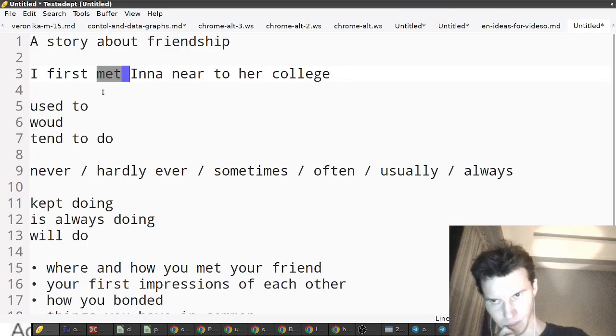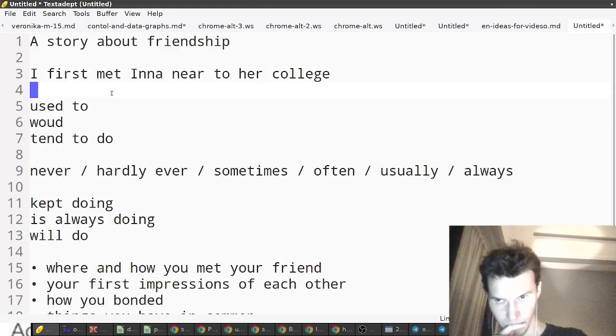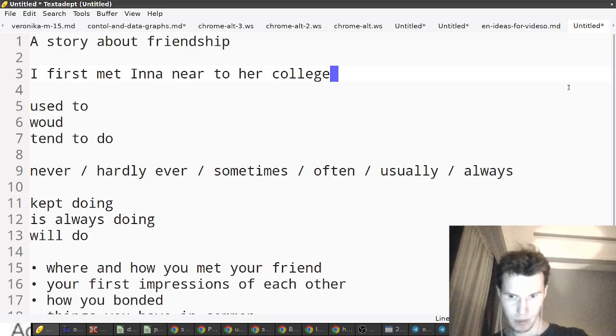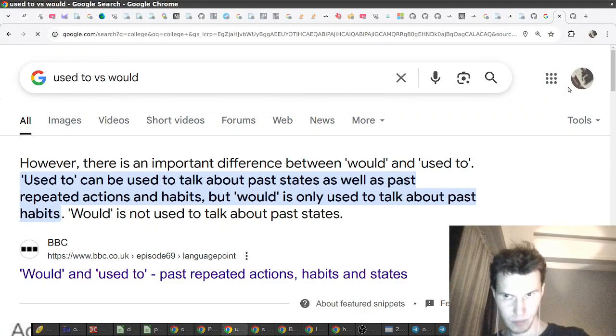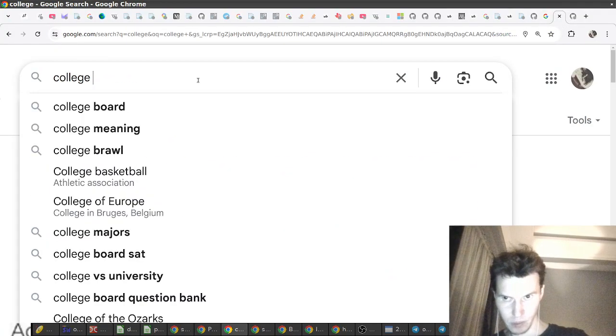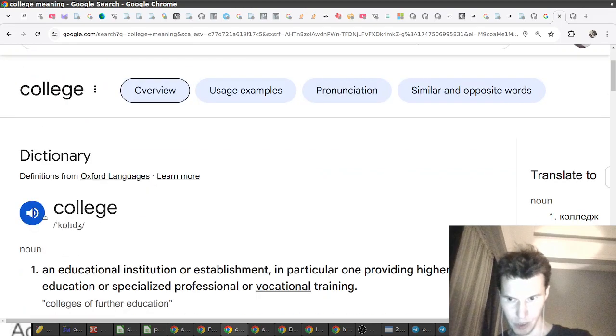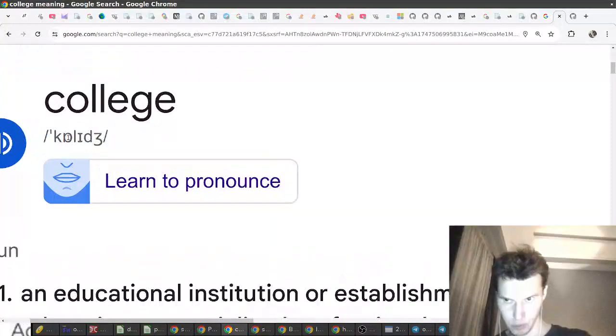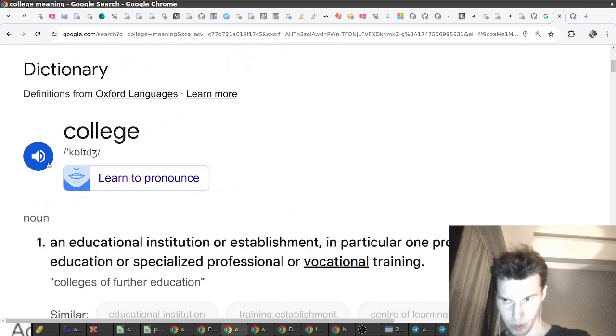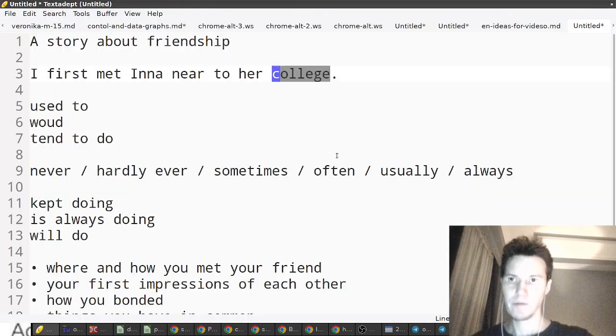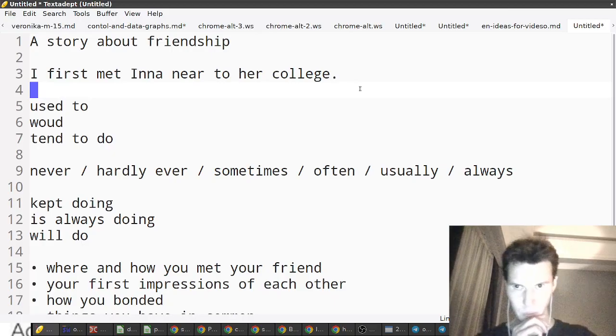Does "met" imply that we physically met in person, or can we meet on the internet? Okay, I first met her near her college. Let me check the pronunciation. College. So I first met her near her college.